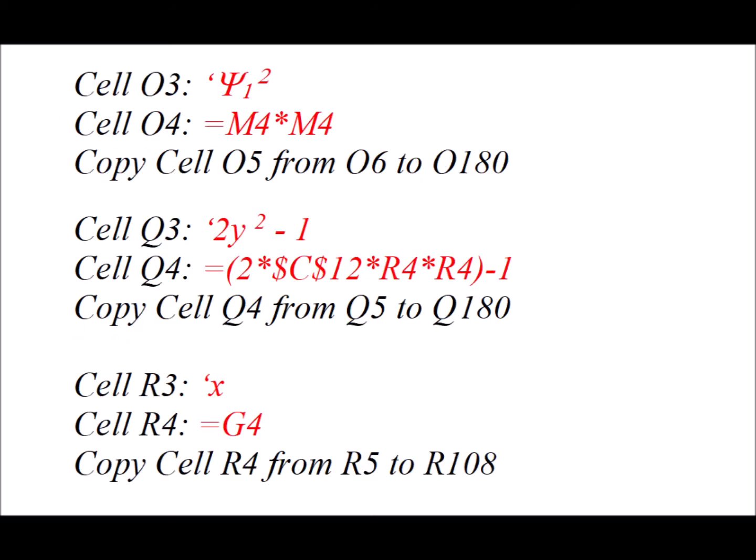In cell O3, we have the label psi sub 1 squared, so that's the probability density for psi sub 1. In cell O4, we have a formula. Then we copy cell O5 from O6 to O180.